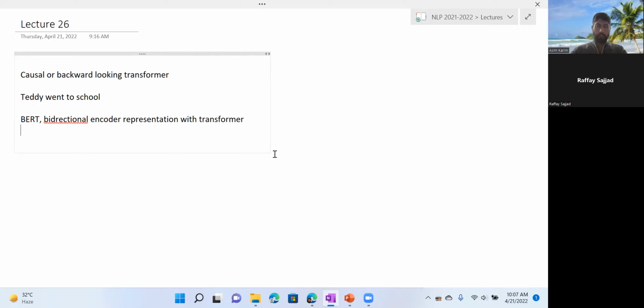This was proposed around 2019, so it's a recent model. And since then, it has become one of the main models for processing NLP. It has become very popular, and it does give better results than traditional NLP. Of course, one of the reasons for that is transfer learning, which we are going to talk about also today.